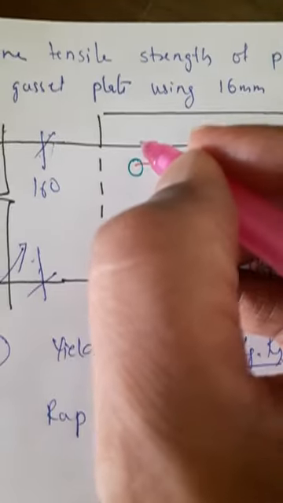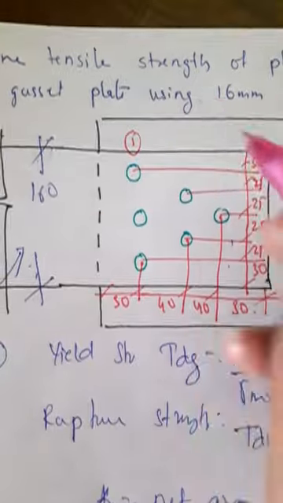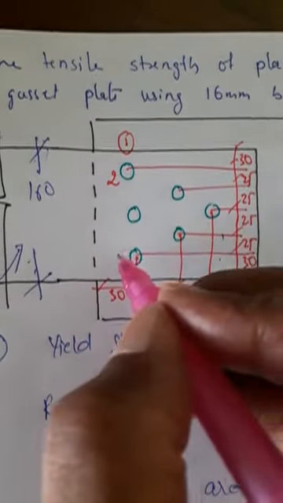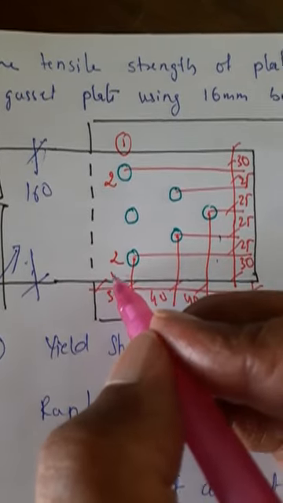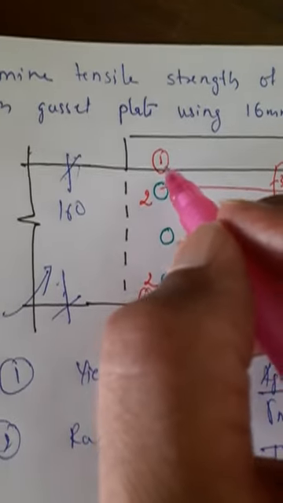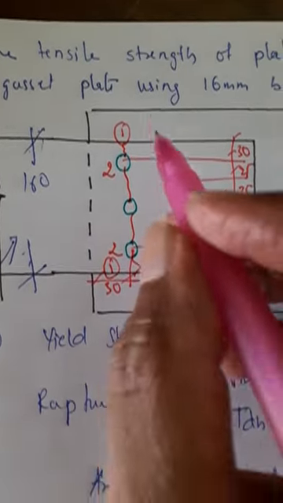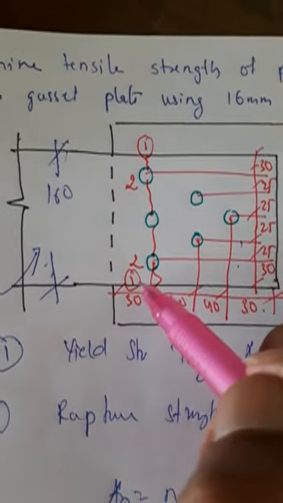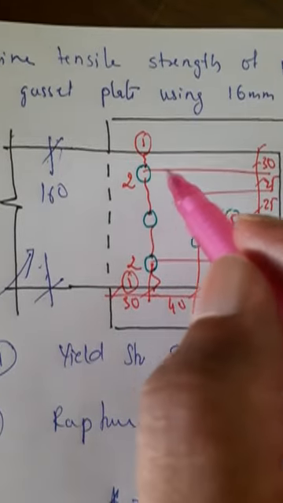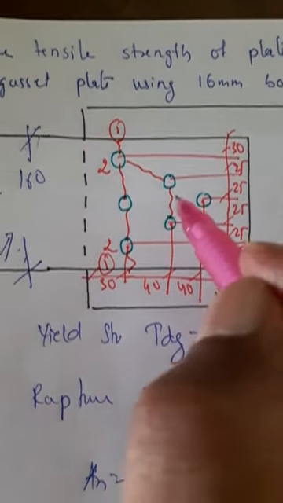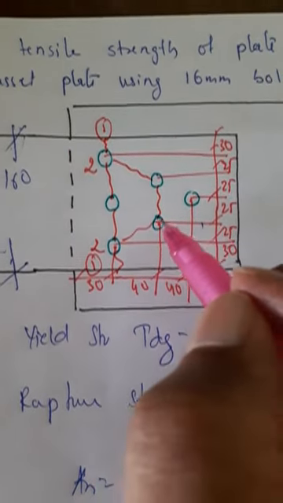So let me say this starting point is 1, this bolt is 2, similarly again this is 2, and this starting point is 1. So the first chance is this bolt may fail like this, so failure along 1, 2, 2, 1. Second is from here it may come like this, and again like this.